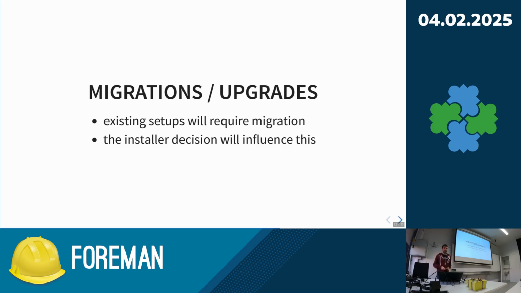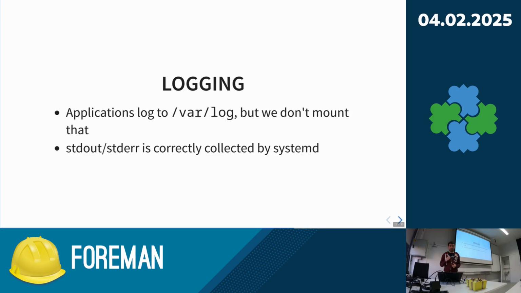Then one thing that we will have to figure out is how to properly do logging. I said that containers can log to standard out, and this will end up in the journal, which is great, besides the fact that our applications do not log to standard out by default. In Foreman, we do have a configuration option for that, so that can be fixed.